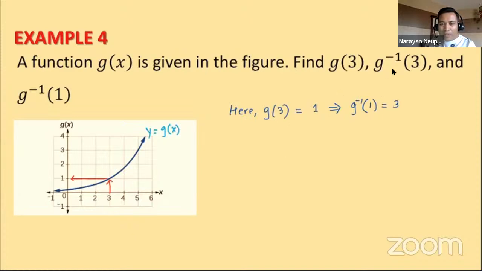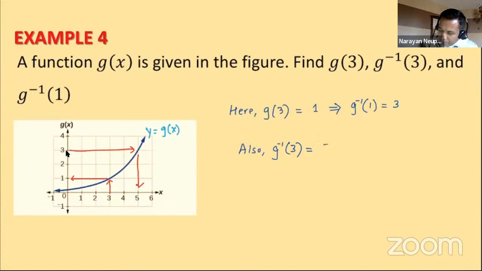And one more thing we have to find, g inverse 3. This is the inverse function, so the domain values are along this vertical line, the y-axis. If you look for 3, here is your 3. This is the input. So the output for this function will be 5.